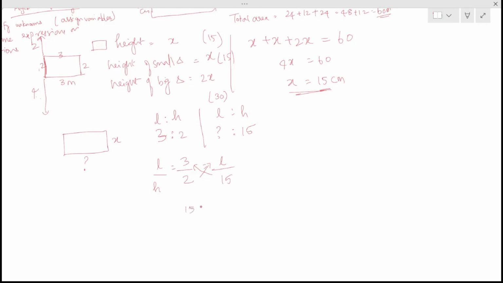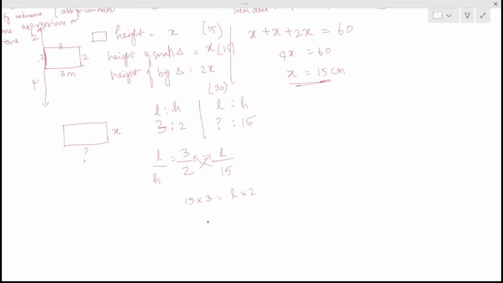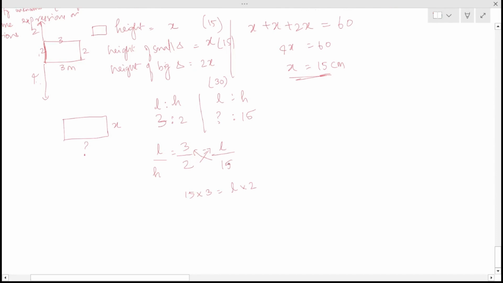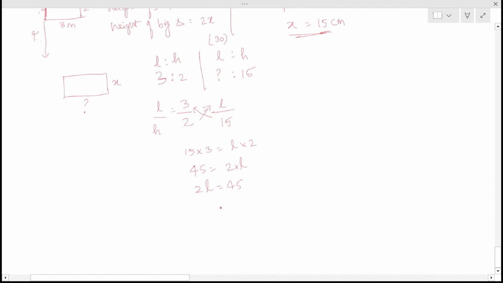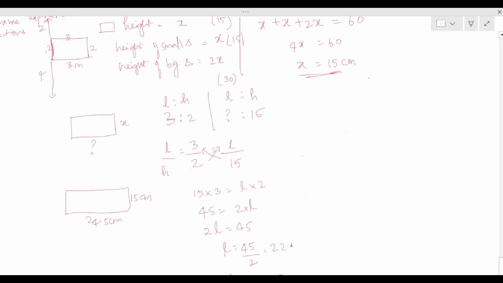So 15 times 3 is equal to L times 2. So you can multiply. I'm just taking the division to the right-hand side, which becomes multiplication, the inverse operation. So 45 is equal to 2 times L, and I can also write it interchangeably: 2 times L is equal to 45, and L is equal to 45 divided by 2, the multiplication becoming the inverse operation, which is 22.5.